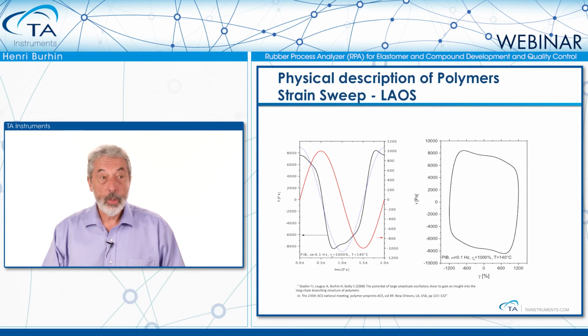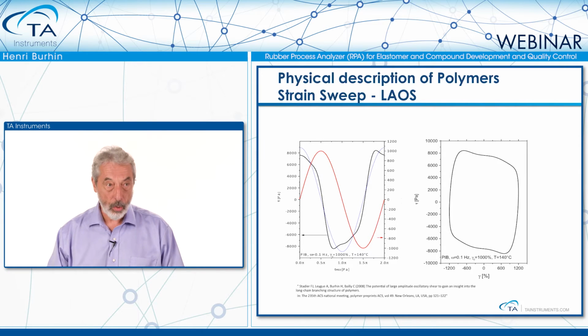And it can be highly distorted. In this case, with polyisobutylene at 1000% strain, which is about 80 degree of arc, if we apply the red signal as strain, we get the black signal. And we would expect, if it were linear, the green signal. So we can see that we have a very highly distorted sine wave.